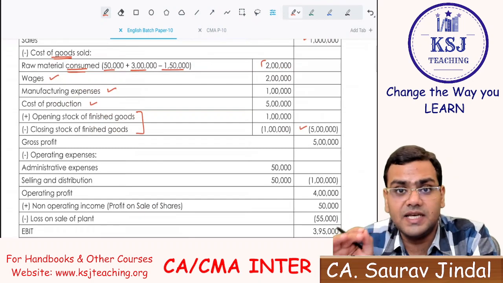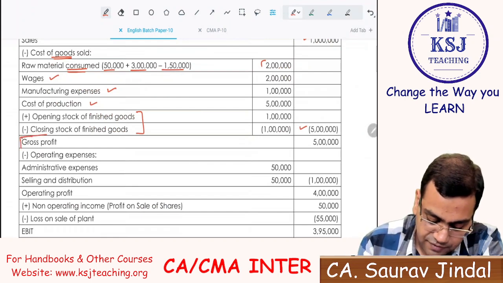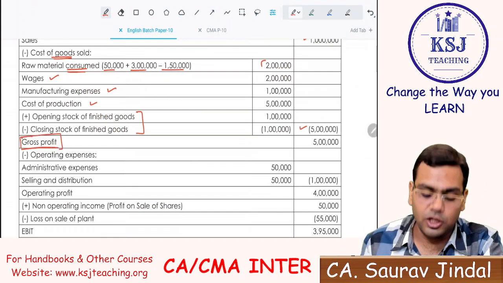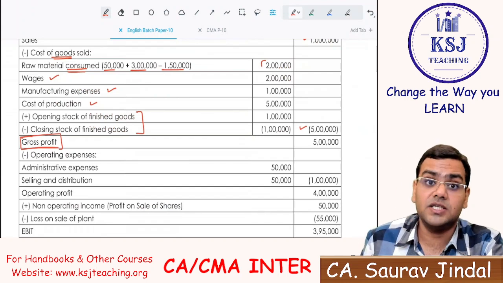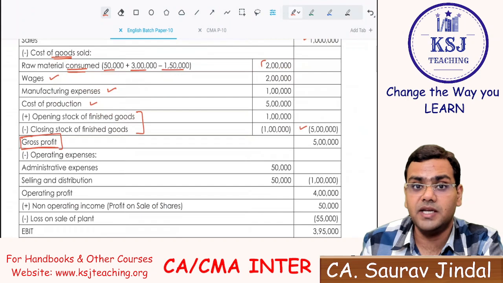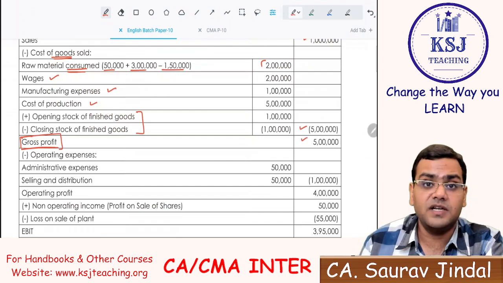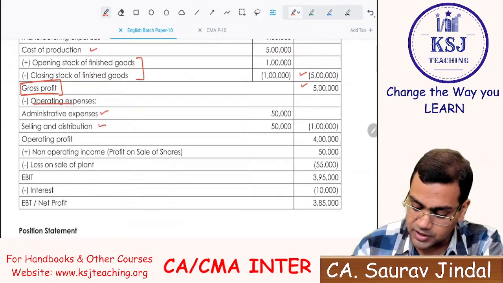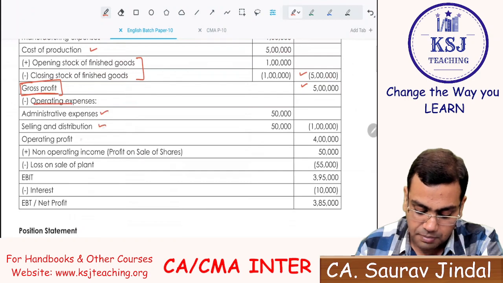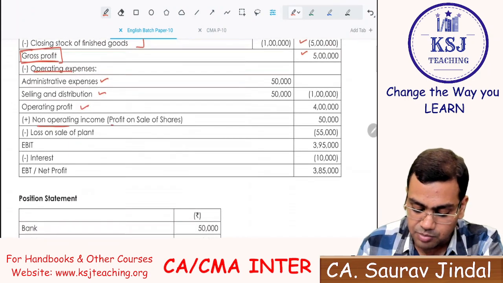Now, from the sales, if you remove the cost of goods sold, what you get is the GP, the gross profit. All the direct expenses are adjusted, plus the adjustment of both the stocks, the raw material stock and the finished goods stock, and that gives you the GP. After GP, you remove other operating expenses, administration, selling and distribution expenses, and you get the operating profit. To the operating profit, you add the non-operating income, that is the profit on the sale of shares, and the loss on the sale of plant.